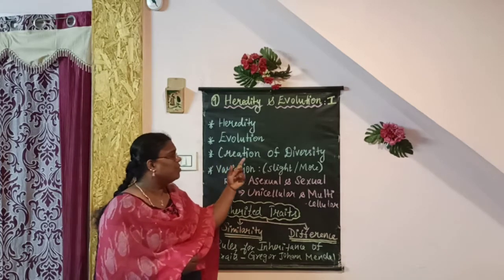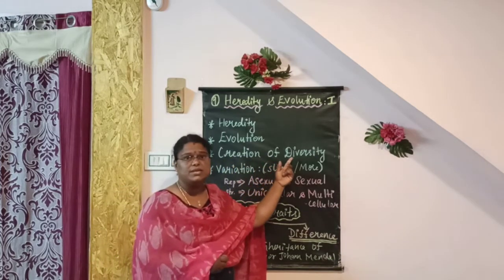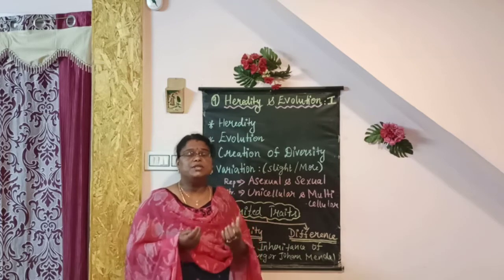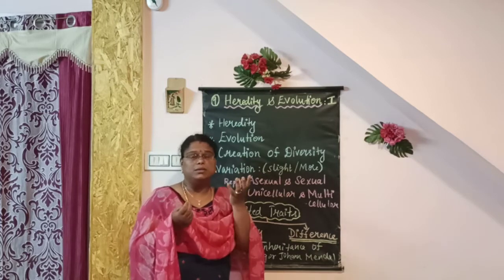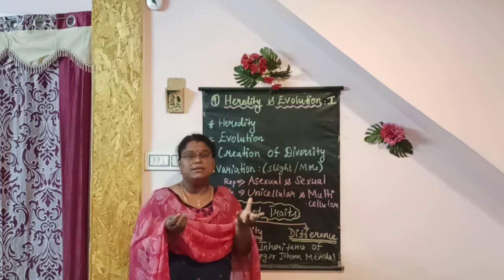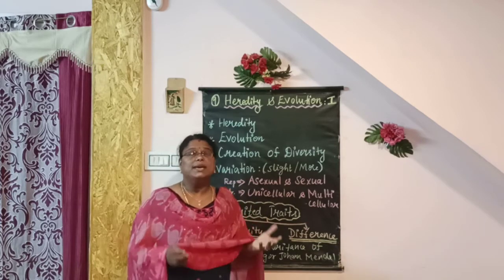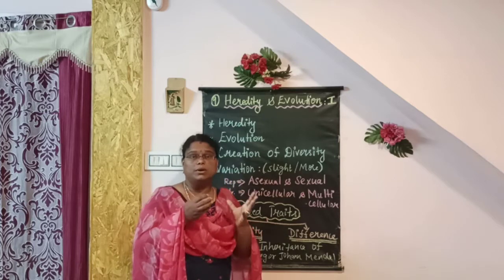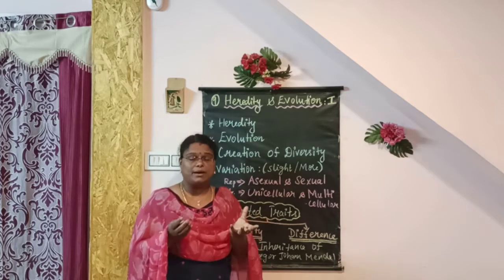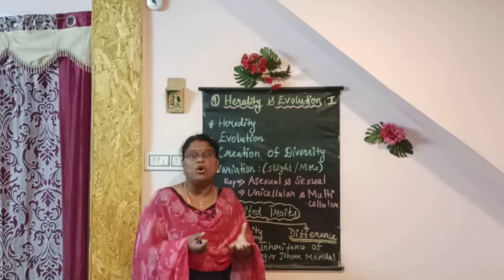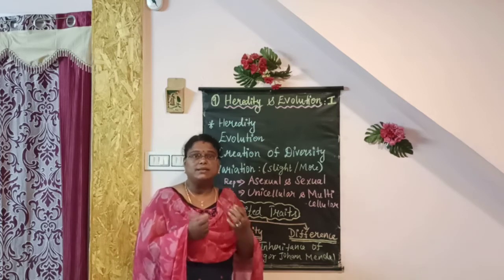And next one we are going to see is creation of diversity. This creation of diversity is that the offspring which is produced from two different parents gets more variation, because here two different DNAs join together to form a trait, that is a child.